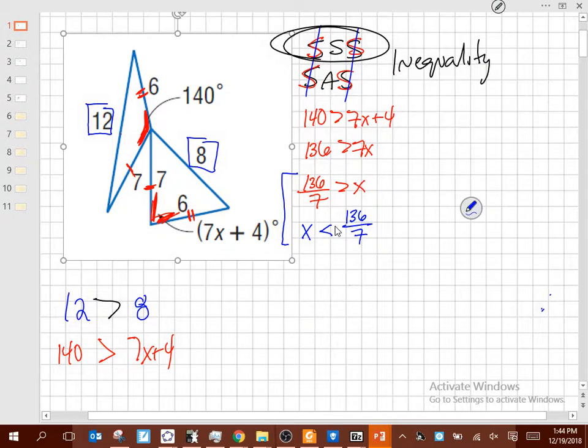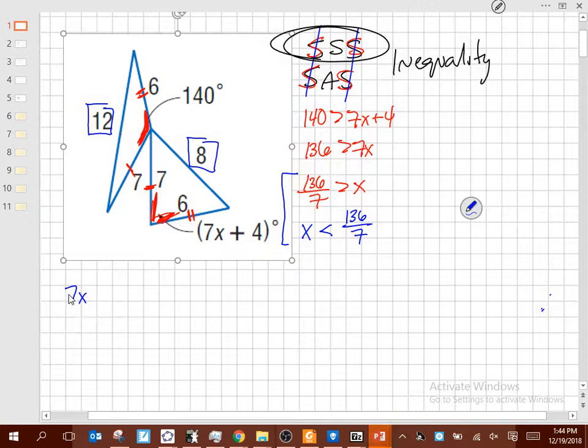Now, if I choose numbers that are less than 136 over 7, there are some numbers like negative 10. That would be a problem here. It would give me a negative angle measurement, right? If x is negative 10. So what we always want to do is go back through our picture and pick out the expressions that represent angles and distances.